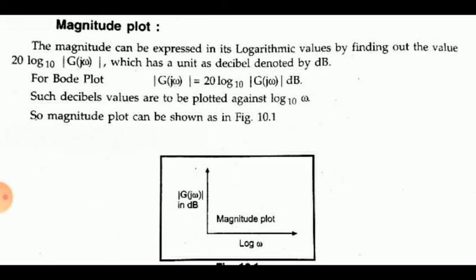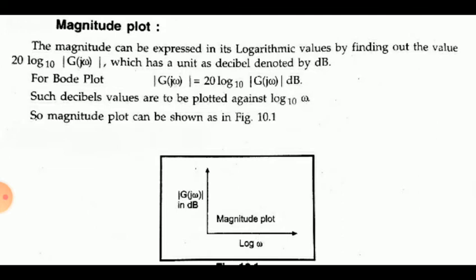First of all, we will see what is the magnitude plot. The magnitude can be expressed in its logarithmic values by finding the value 20 log to the base 10 mod of G(j omega), which has a unit decibel, denoted by dB. So for Bode plot, mod of G(j omega) is equal to 20 log to the base 10 mod of G(j omega) in dB.